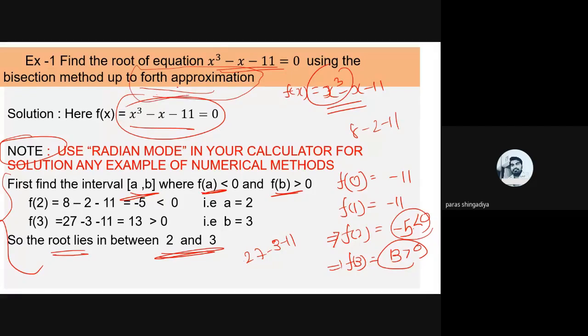Fourth approximation means 4 iterations are required: x1, x2, x3 and x4. So x4 is our required answer. If 5 iterations are given, then you have to derive 5 roots: x1, x2, x3, x4 and x5. If it is given up to the 6th approximation, then x6 will be our answer. Here x4 will be our answer.